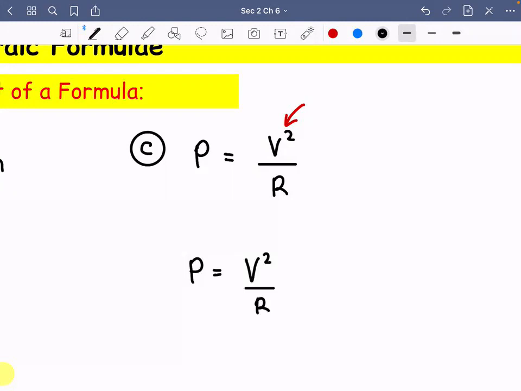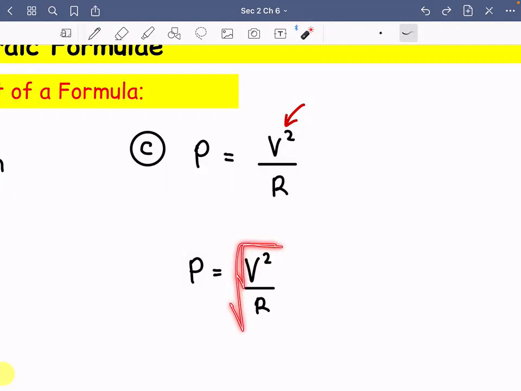So first, I will not root this right away, because if you get the root of this, that means getting the root of everything, the fraction.